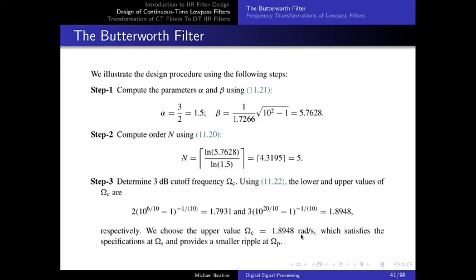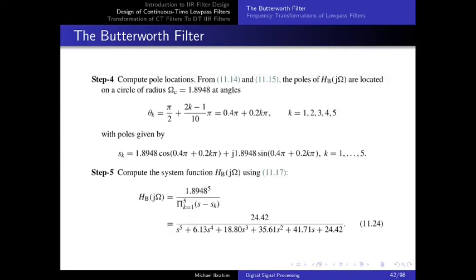This equation computes omega c in terms of omega s, A, and n. Now that we know omega c, we can find the poles graphically by simply plotting a circle in the s domain. The radius of the circle is omega c, and locating the poles uniformly in the left half part of the circle. So let's go to our whiteboard over here.